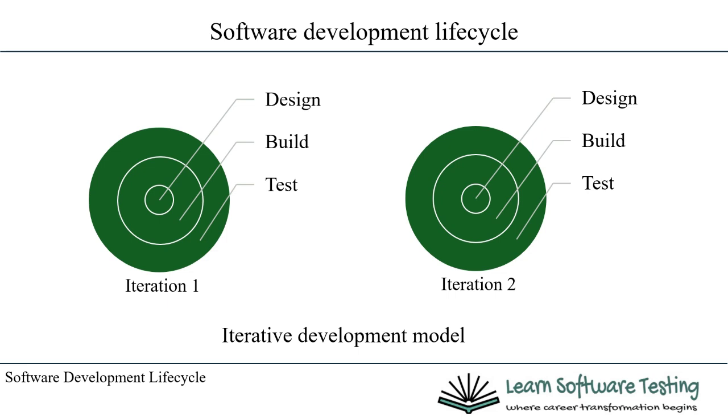One common test that is carried out between each iteration is the regression test. So what's a regression test? A regression test is a test carried out to ensure that the new software update or the new code and program has not affected or impacted existing programs.